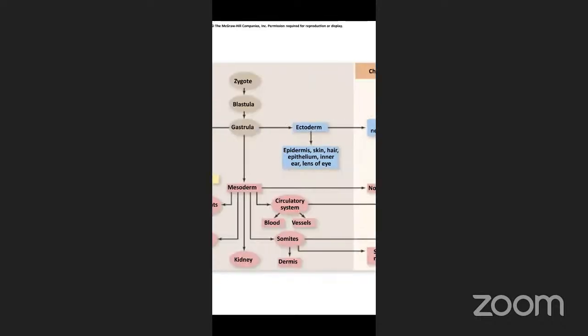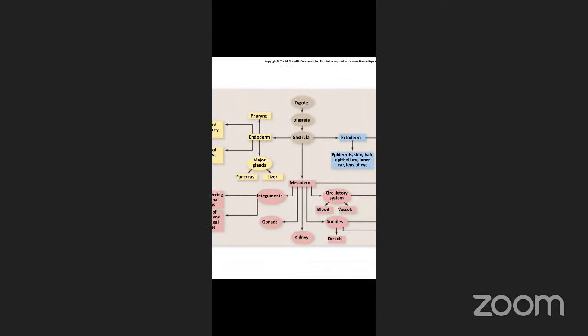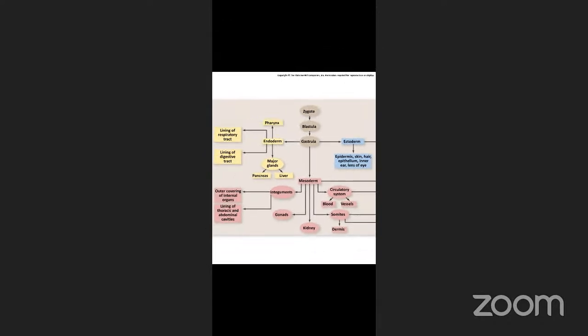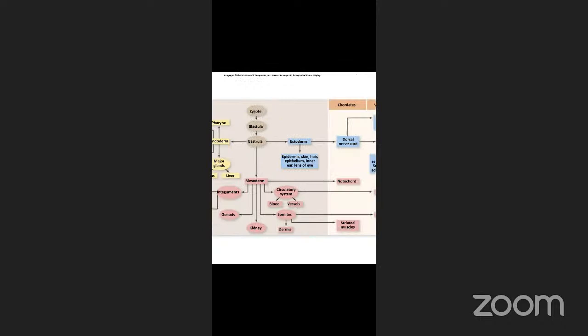Then the mesoderm. In the mesoderm, it forms integuments, gonads, kidneys, circulatory system, somites. The integument will form the outer covering of the internal organs and lining of thoracic and abdominal cavities. And circulatory system forms blood and vessels.